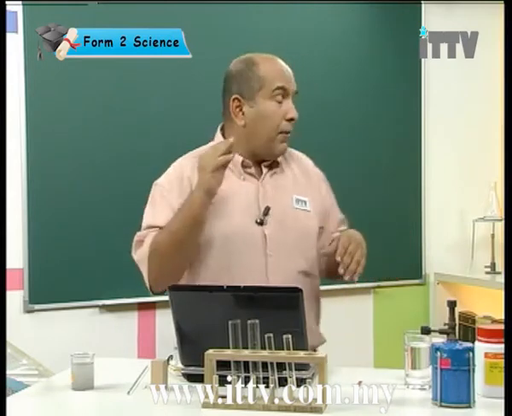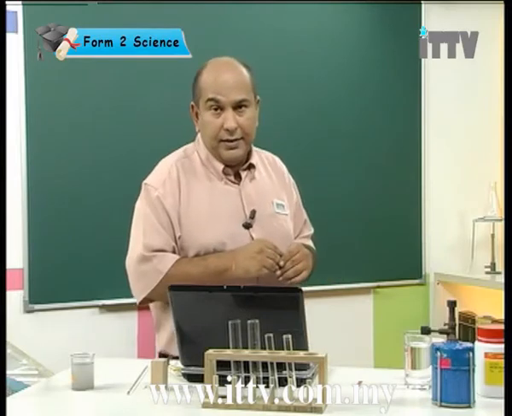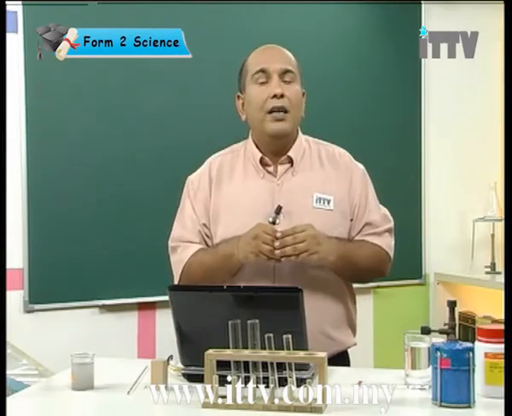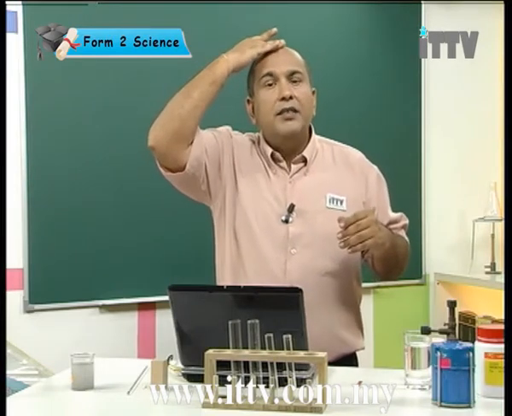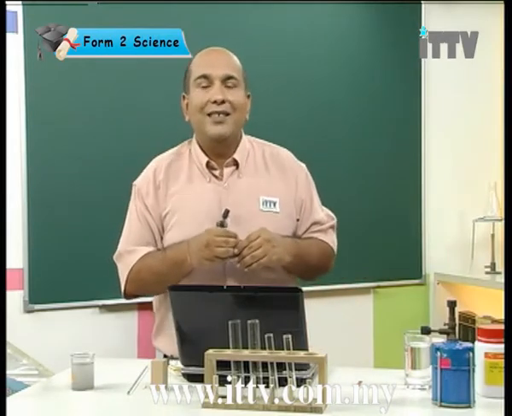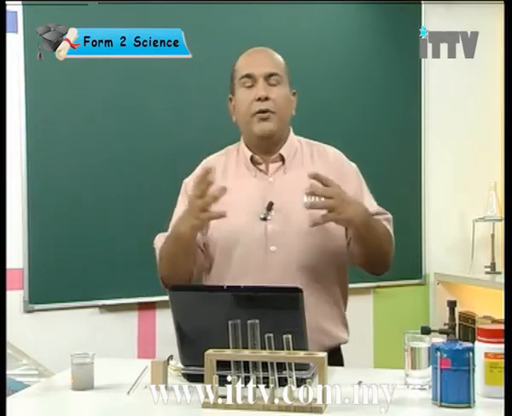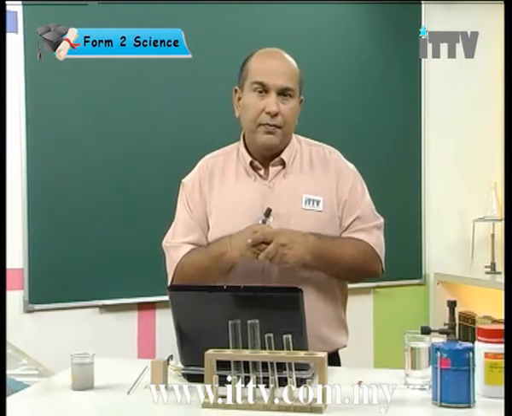For example, the back of our brain here is for sight. The sides of our brain here are for hearing. The top of our brain here is mainly used for smell and taste. Now, each one of these areas will be stimulated by the correct nerve.